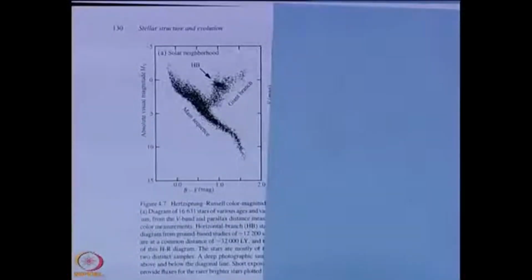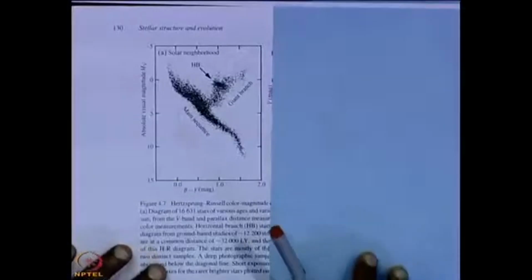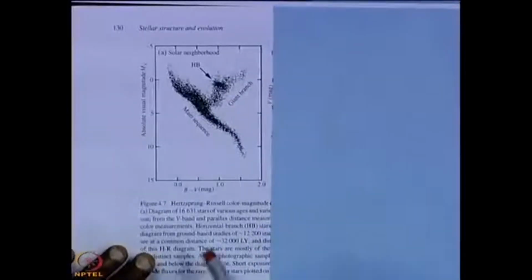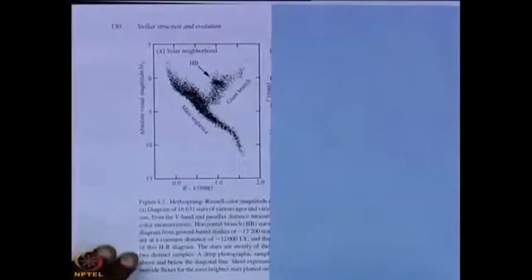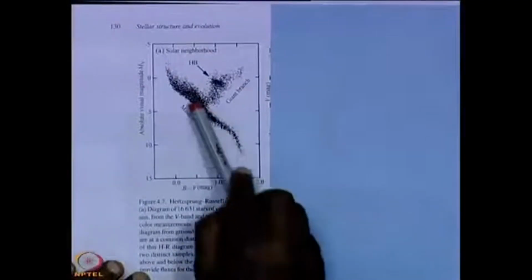So notice that the bulk of the stars lie on a band that runs from left to right across the HR diagram, and this is the main sequence.